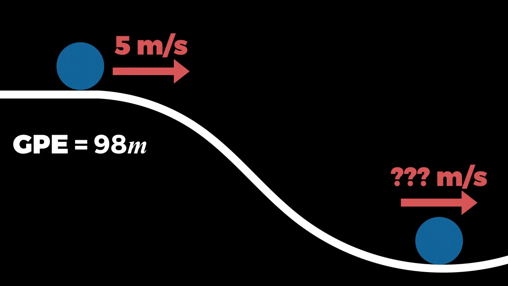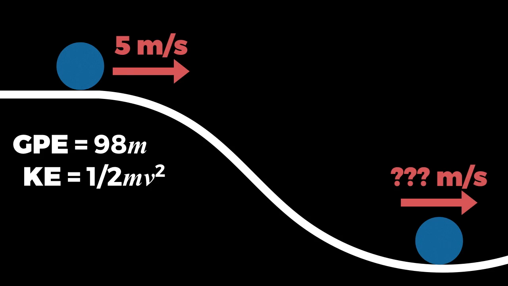Now, we can find the kinetic energy in the same way. We know the formula for finding the kinetic energy of an object is 1/2 mv squared, 1/2 times the mass of the object times the square of the velocity. Once again, we don't know the real value of m, so we're going to have to treat it as an unknown variable. But we do know the velocity of this object in this case is 5 meters per second.